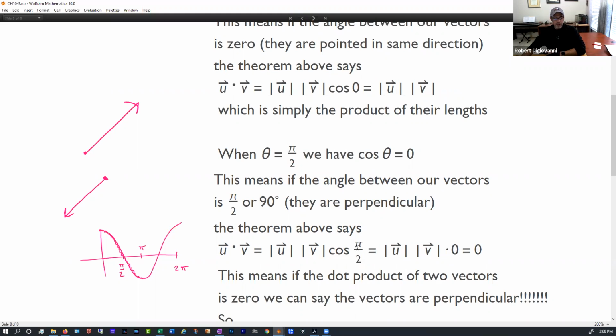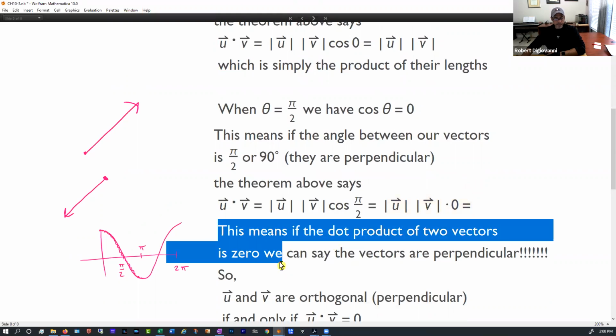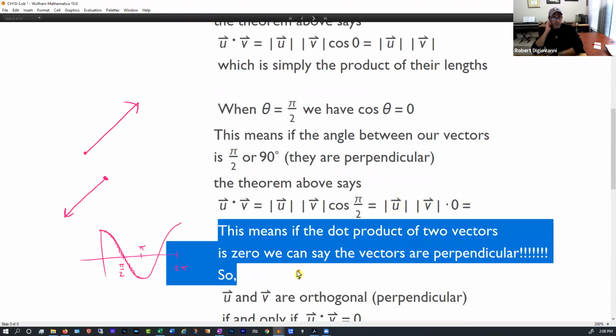Cosine of pi over 2 is 0 means that when you dot the two together, you're always going to get 0 as an answer. And that is probably the major result of dot products, that right there. If the dot product of two vectors is 0, we can say that those two vectors are perpendicular to one another. Always.